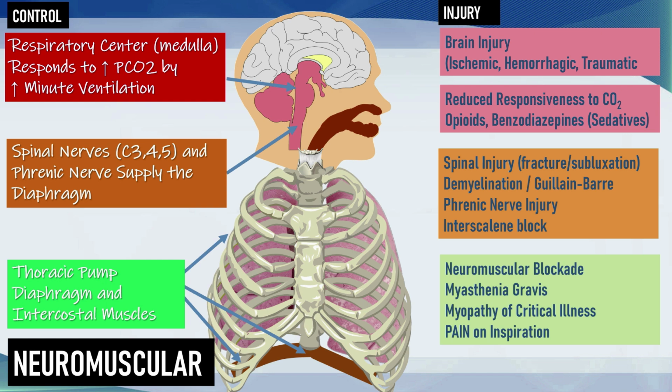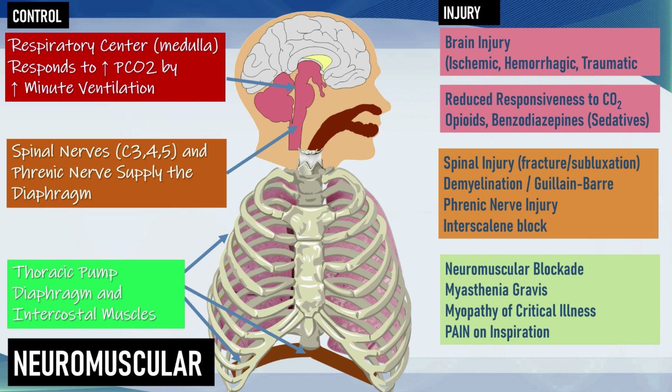So in anesthesia, or indeed in the ICU, the administration of neuromuscular blocking agents such as rocuronium, pancuronium, atracurium, cisatracurium, vecuronium, all of these things will essentially paralyze respiration, switch off the pump. It can also happen in myasthenia gravis, where you have autoantibodies that bind to the neuromuscular end plate.